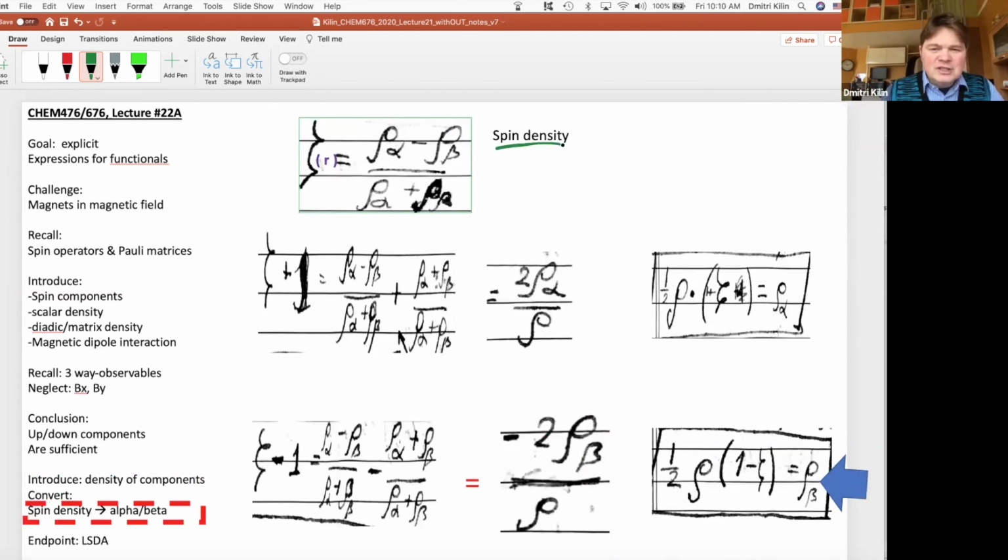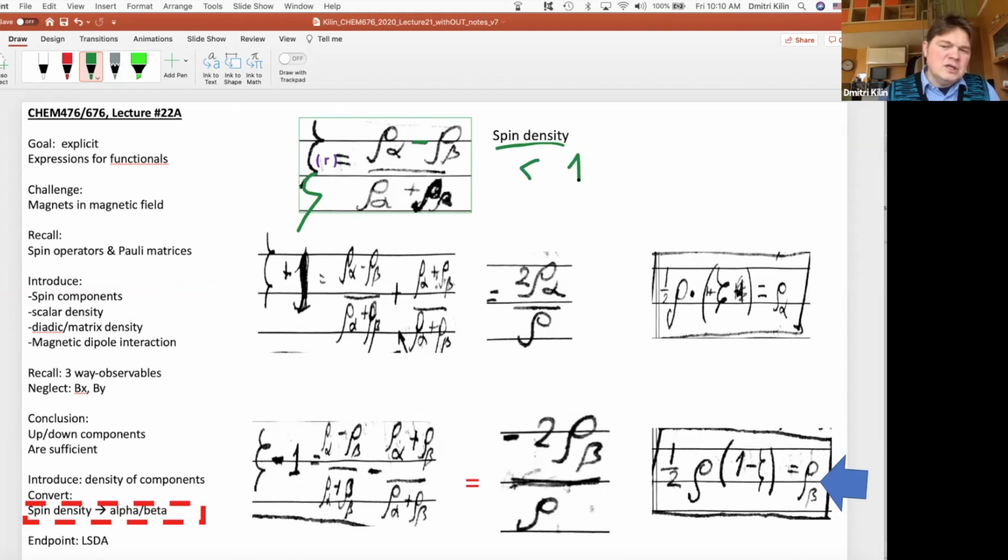So now the definition. Instead of using literal spin density, and I know I already overused time, I will speed up. It is not normalized, because density is bigger the larger the number of electrons, but if we divide the subtraction of these densities by the summation of these densities, it will always be smaller than 1.